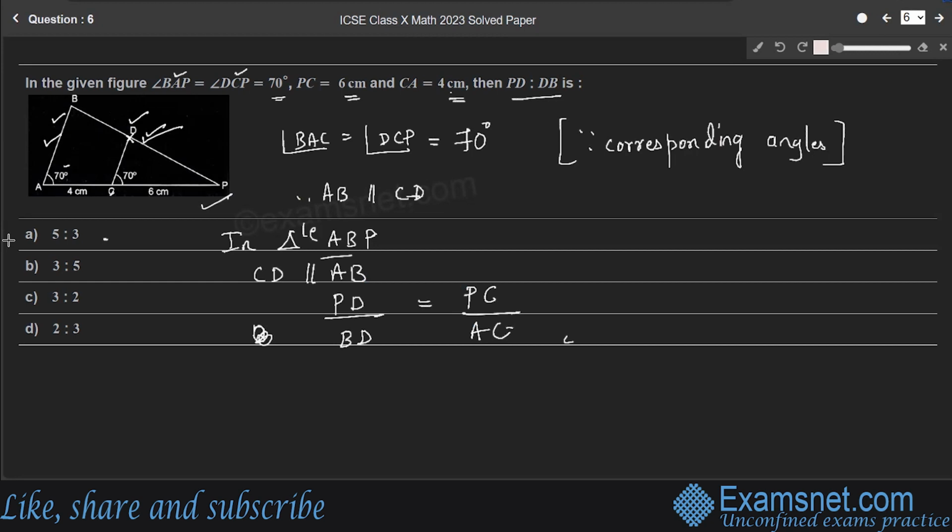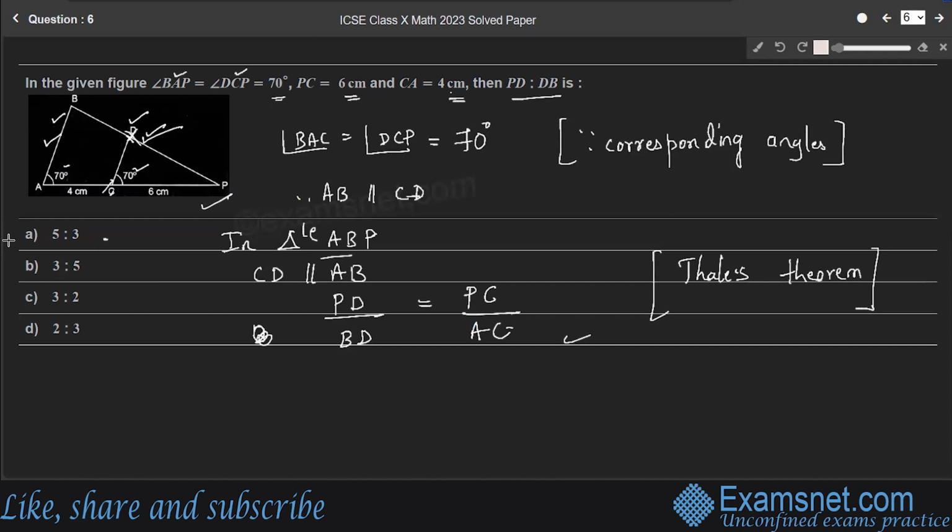I'll repeat once again the Thales theorem. So we'll consider Thales theorem, basic proportionality theorem. So here it states, if a line is drawn parallel to one side of a triangle intersecting the other two sides in distinct points, here it is C and D respectively, then the other two sides are divided in the same ratio, right? Therefore, PD by BD is equal to PC by AC.